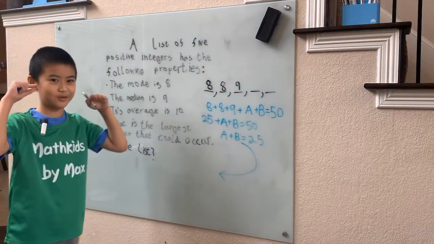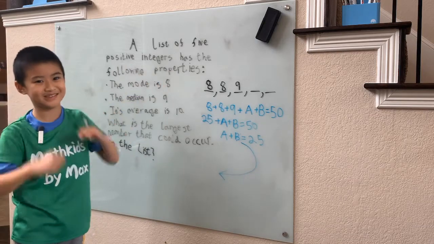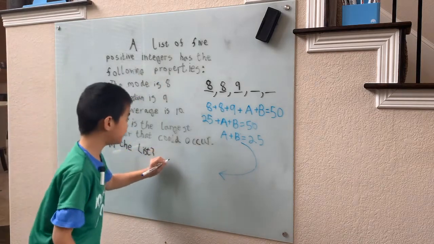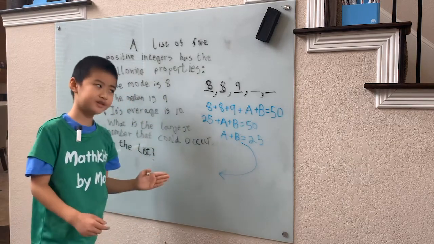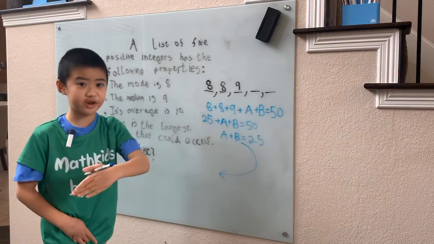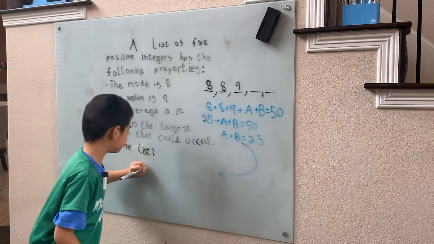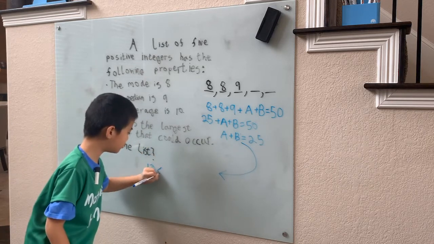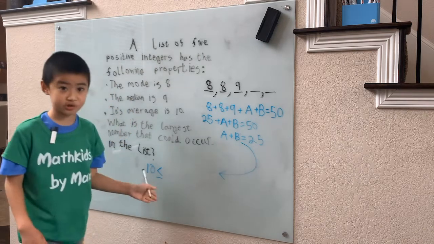Just like how pizza will get larger and larger as you eat it. Not exactly, it just feels like it. So since it can't be smaller than 9, it has to be equal or larger than 10.